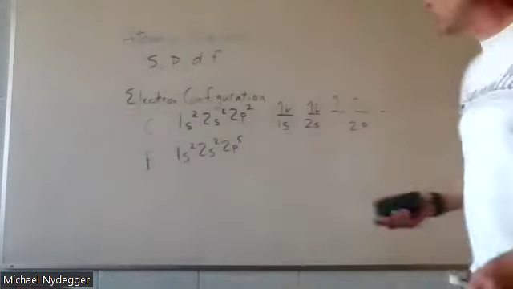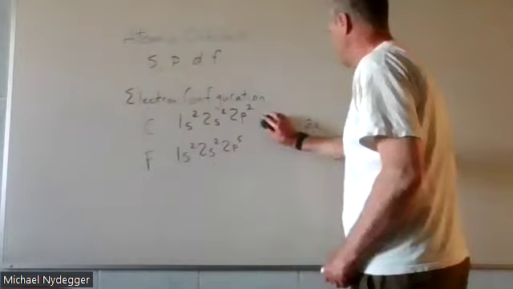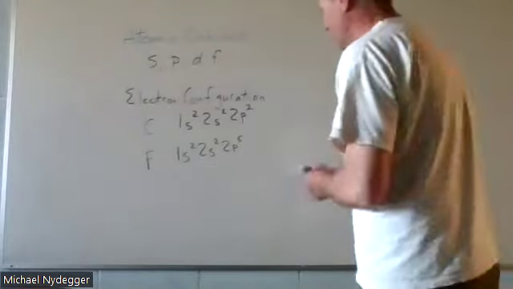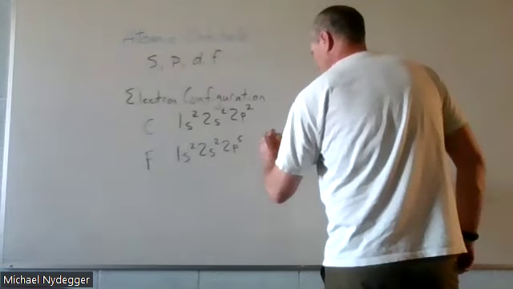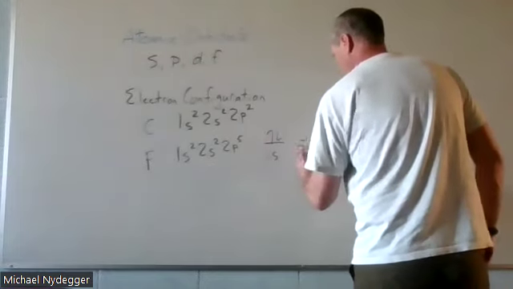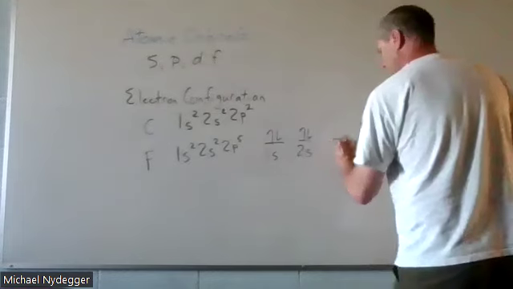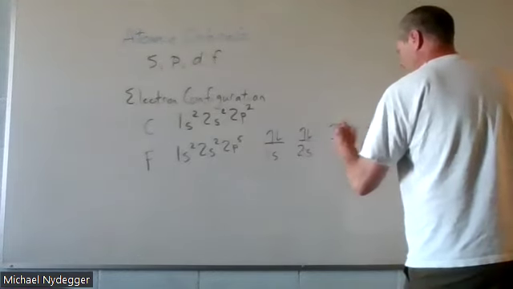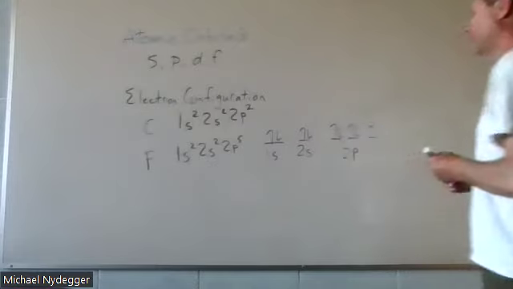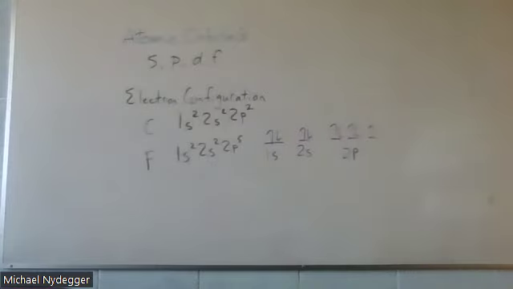The one for fluorine, sorry, I have to erase this. The one for fluorine will look very similar. This would be 1s, there's your 2, 2s, there are those. 2p, 1, 2, 3, 4, 5. There's your 2p5 for fluorine.